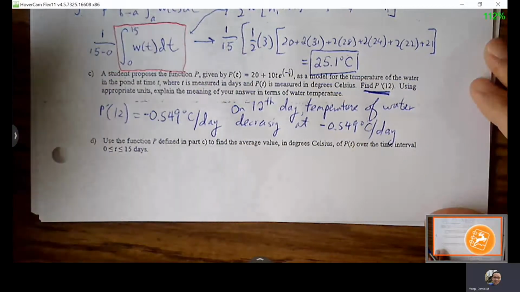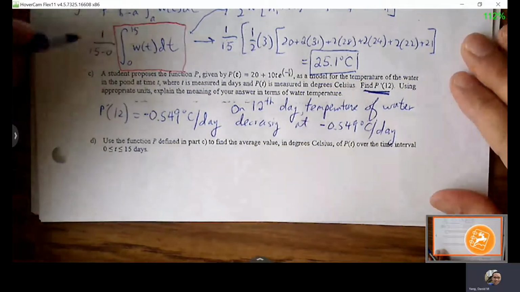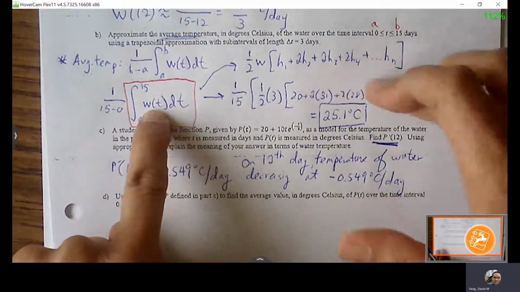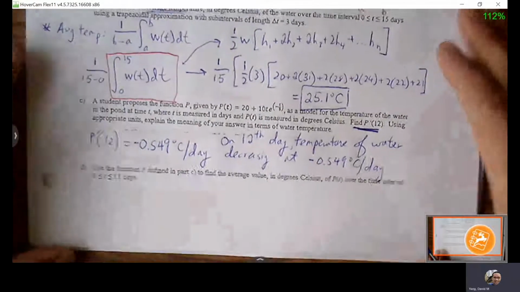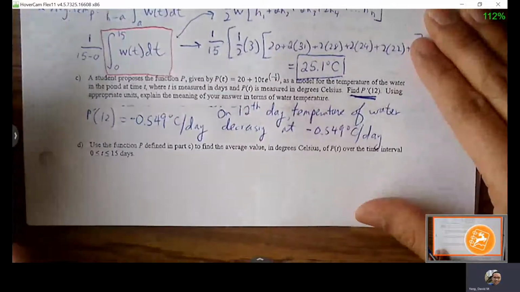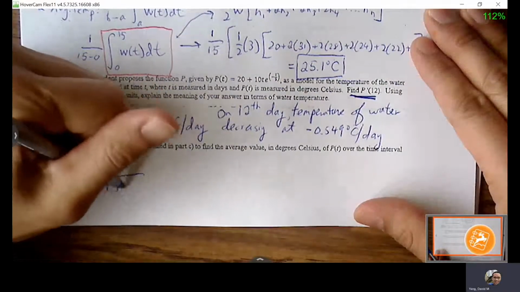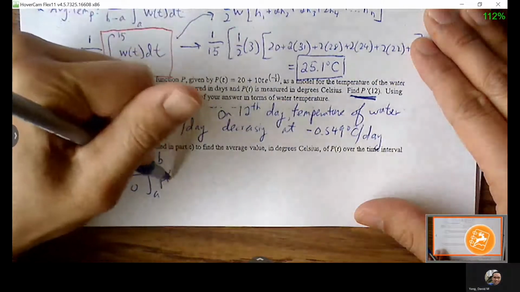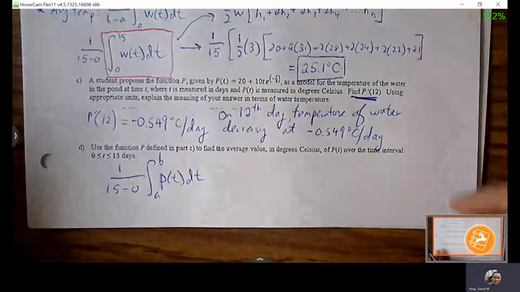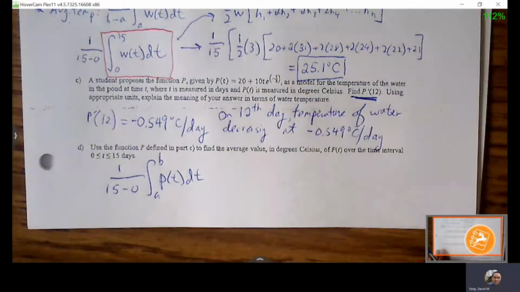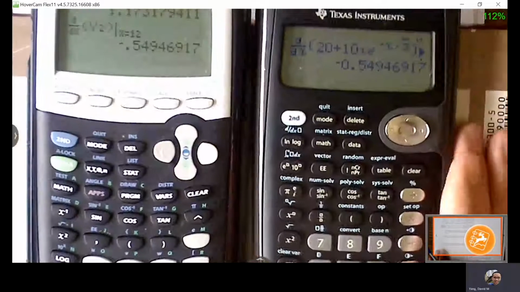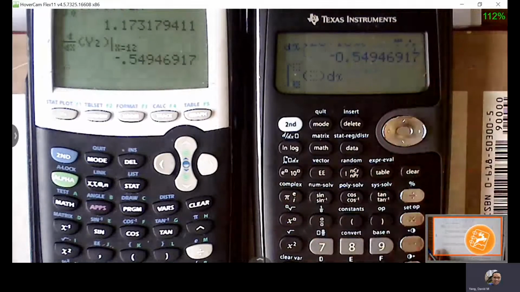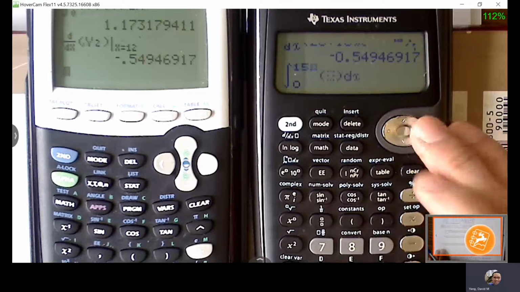Okay, part D, find the average value. So we're doing the same thing as part B, it's just that now we have a function to enter in for the integral rather than using geometric shapes and geometric approximation. Your graphing calculator or scientific calculator can do second integral from 0 to 15.